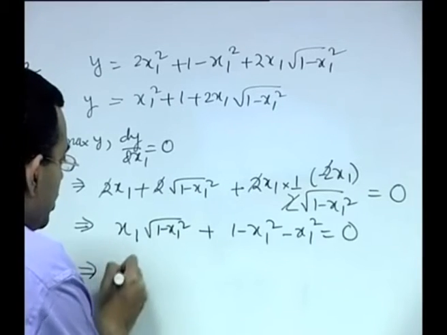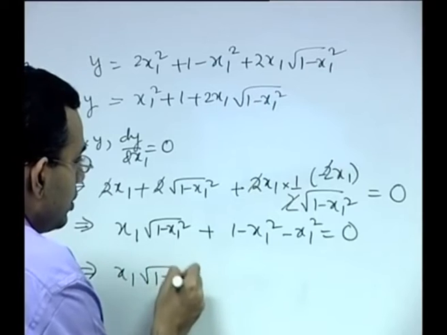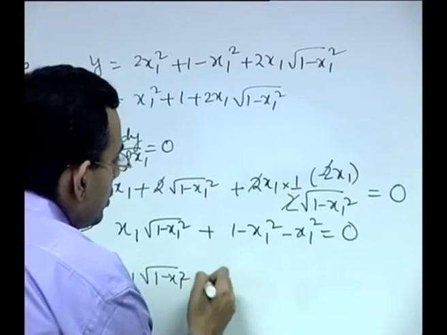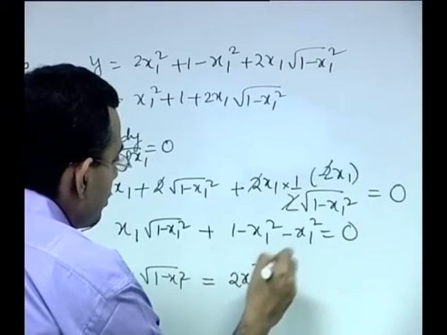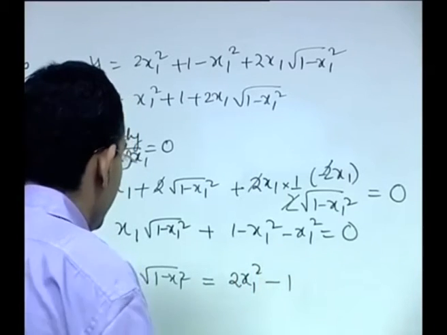So, it means x1 square root of 1 minus x1 square is equal to 2 x1 square minus 1.